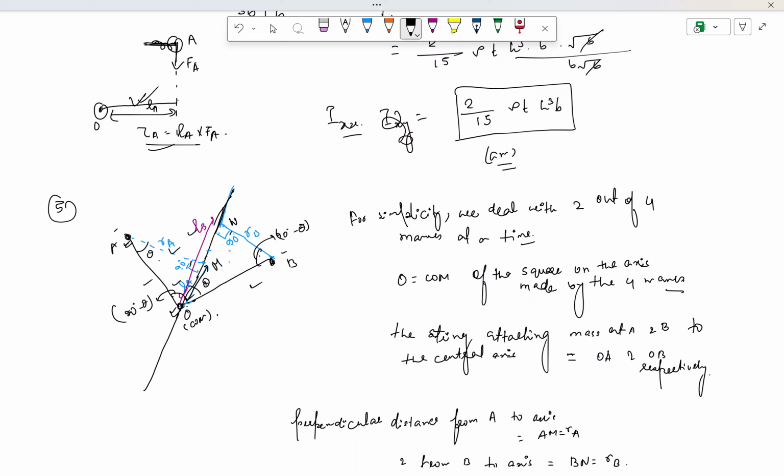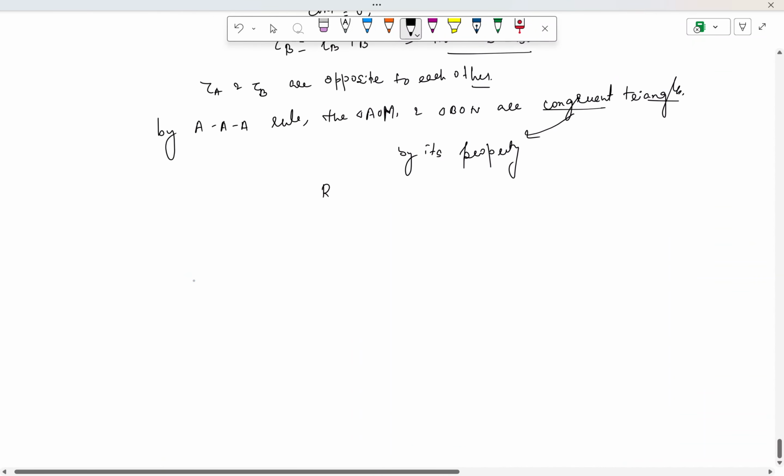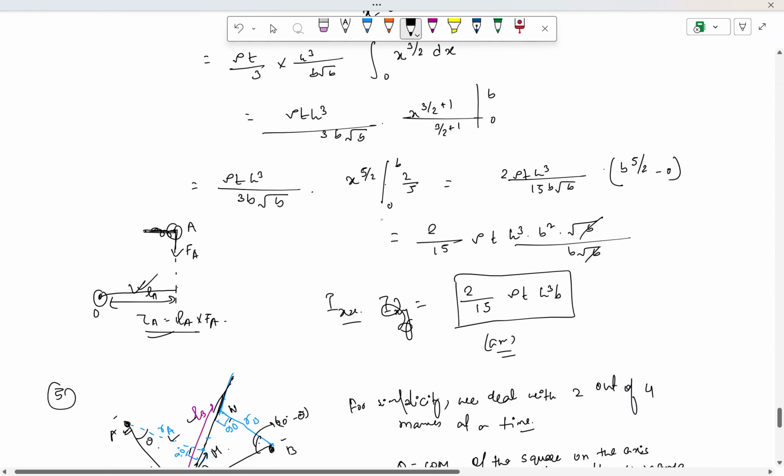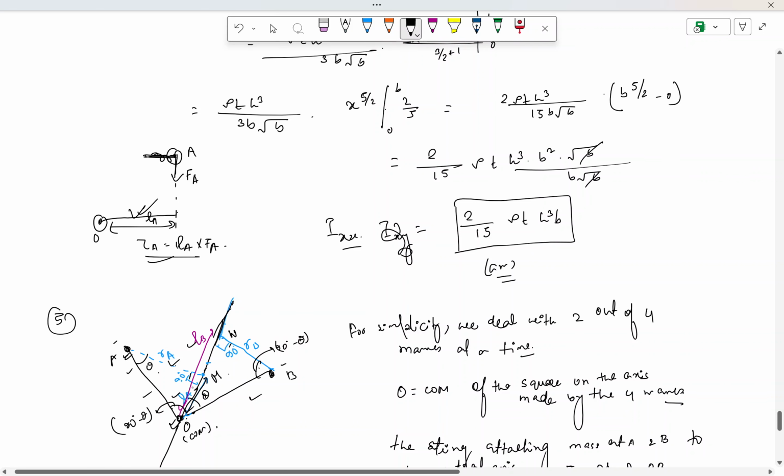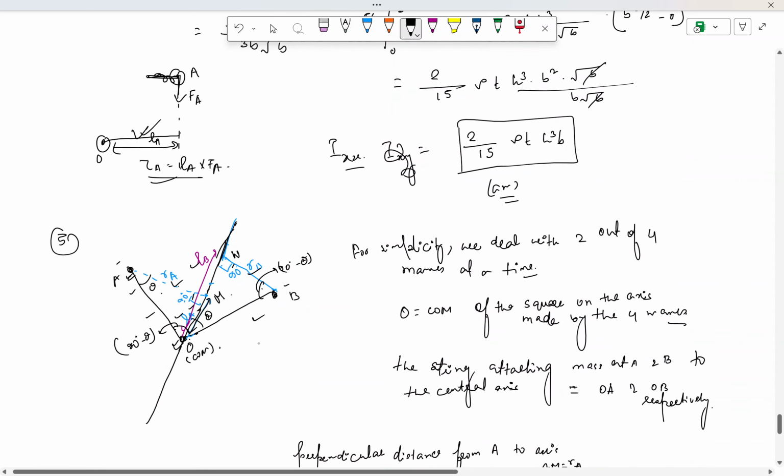So this RA distance is nothing but the same as the LB distance, because this RA is sitting in the triangle AOM opposite to the angle of 90 minus theta, and equivalently for the triangle BON, the angle 90 minus theta has opposite side LB. So because of the congruence relation, now you know that RA equal to LB. And similarly, opposite to theta for triangle AOM is the length LA, and opposite to theta for BON, the length is RB.